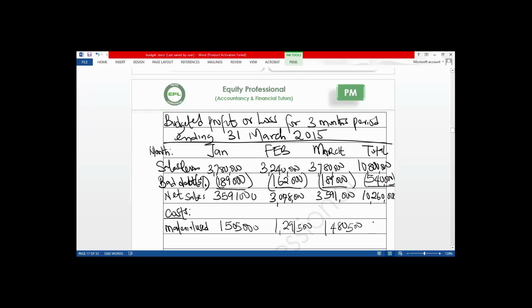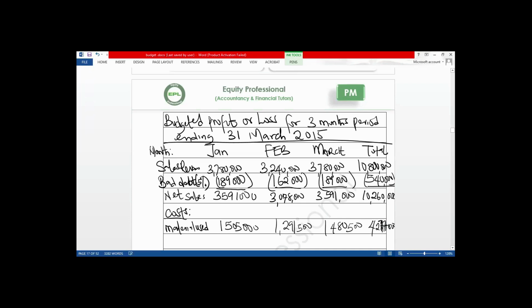Total is 4,277,000. That is the cost of material used for production.